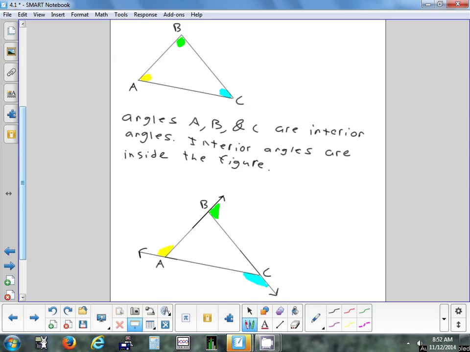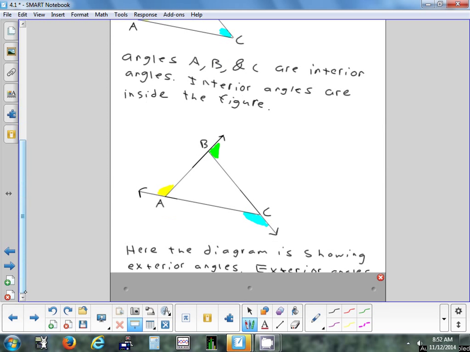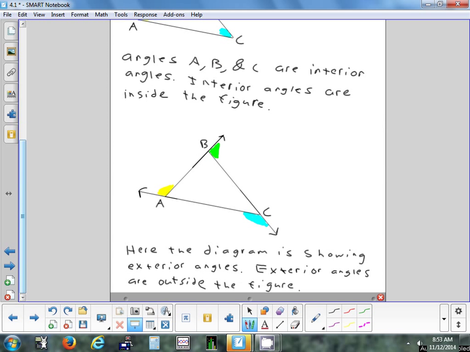Okay, and these exterior angles have something to do with the interior angles. There's a relationship between them. So we'll take a look at what that is. Again, here's the diagram for exterior angles. Exterior angles are outside the figure.